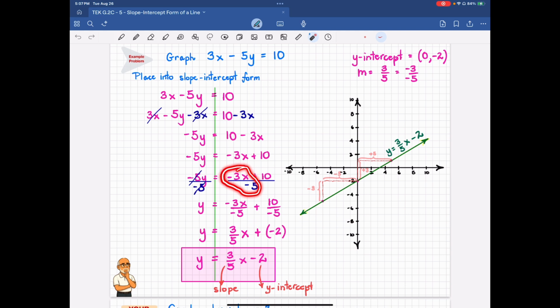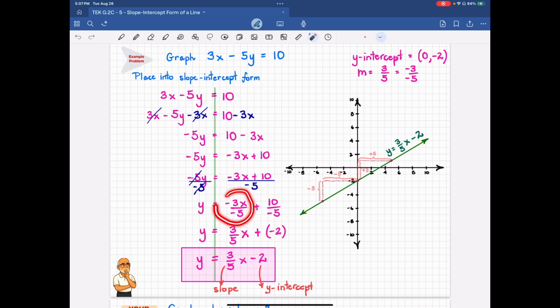So I'm going to put the first term over negative 5, then add it, and then put the second term over a negative 5. So this becomes negative 3x over negative 5, and then plus 10 over negative 5. And that is my next step right here.